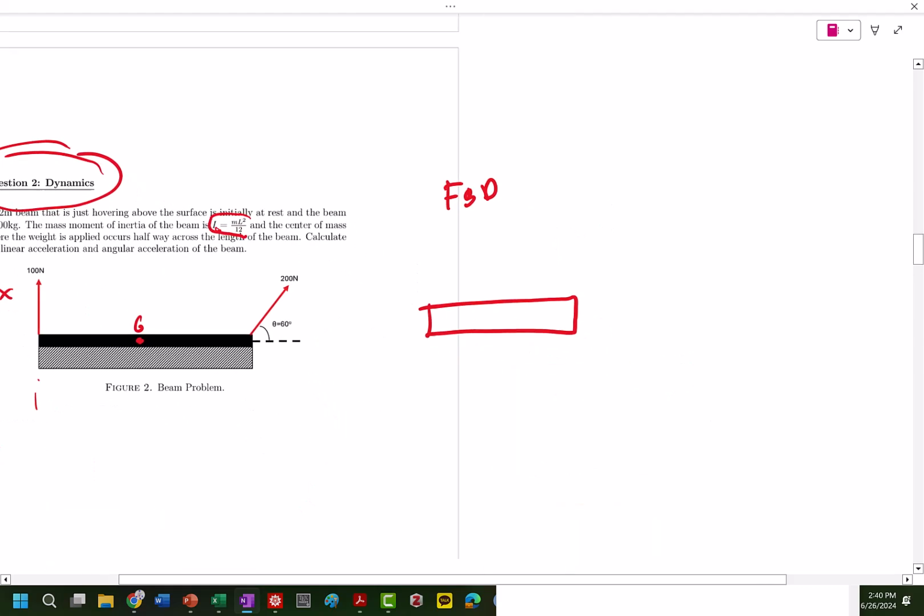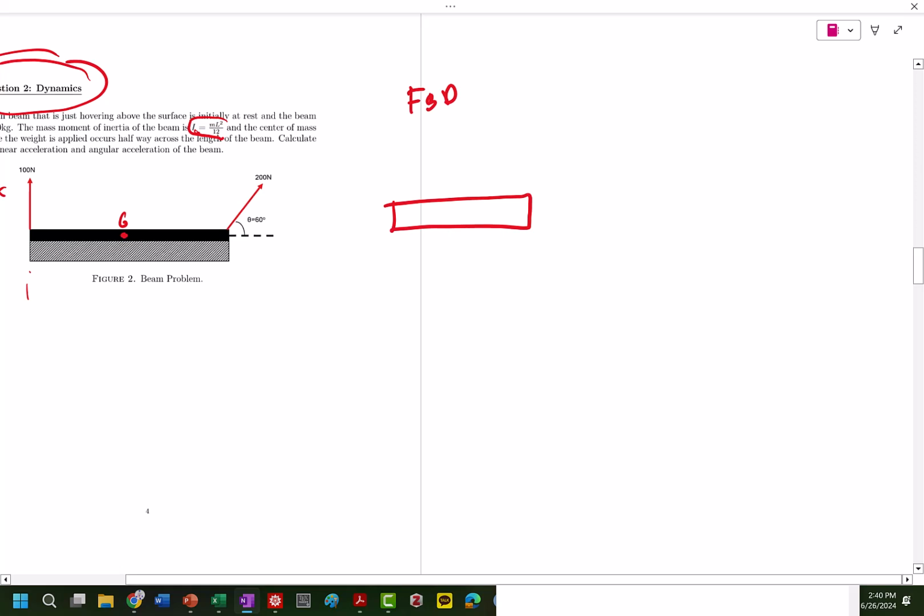FBD, free body diagram, and right here there's going to be a weight, and our weight is going to be mg. We're also going to have the force here, which has a component in the x. So in this triangle here, our x component is going to be 200 times cosine of 60 degrees.